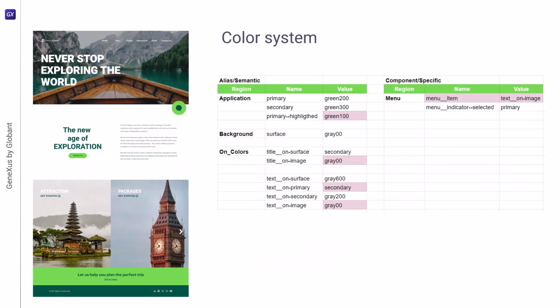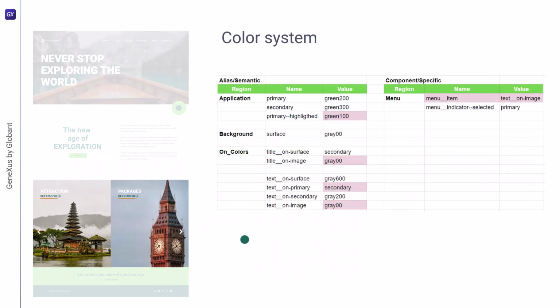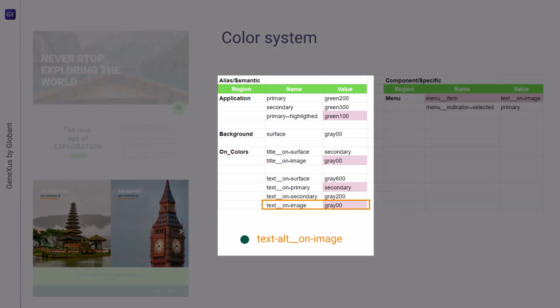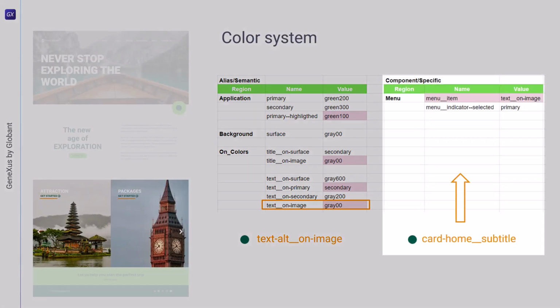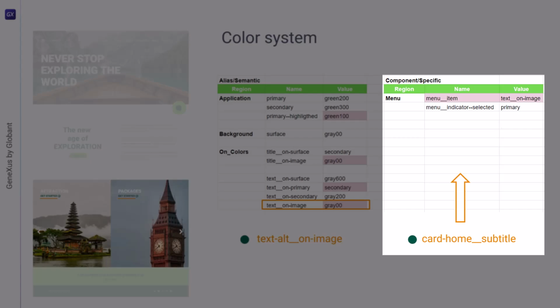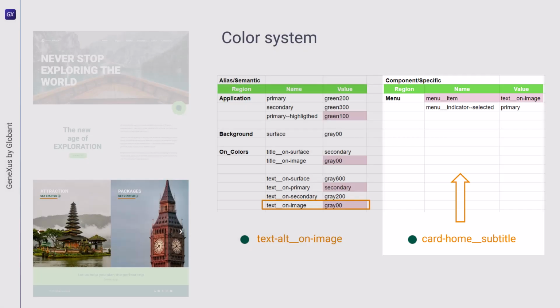For example, we haven't modeled the color of this text. It's a text on an image, but not the white that we had for the other cases of text on an image. So we could define a second alternative token for text on an image at level 2 semantic, or we could define it specifically at the level of the component where we'll find it, which I will name card home.